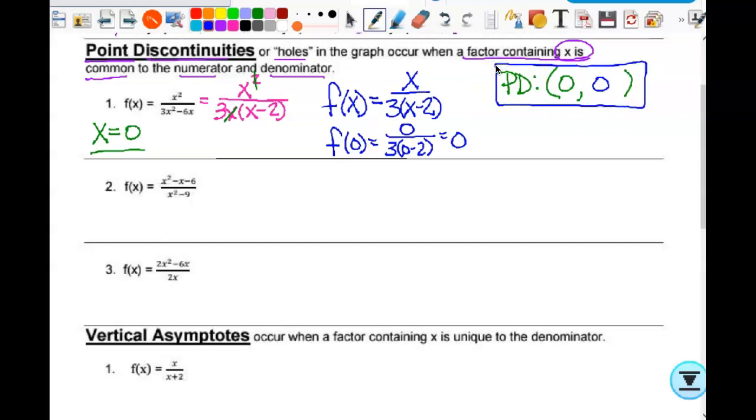So what you end up with is that the graph looks like this, with a hole here.